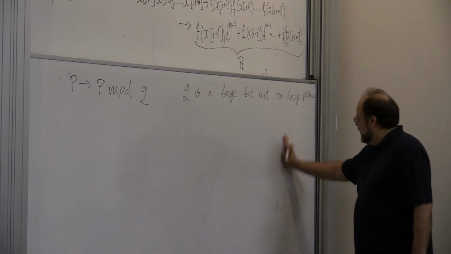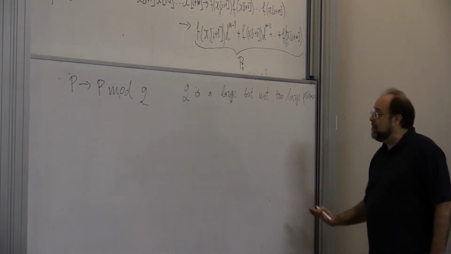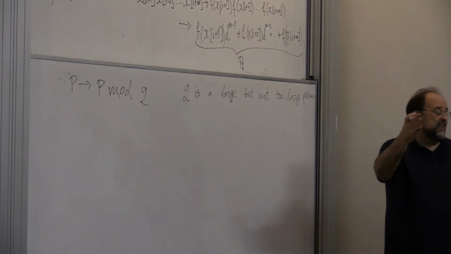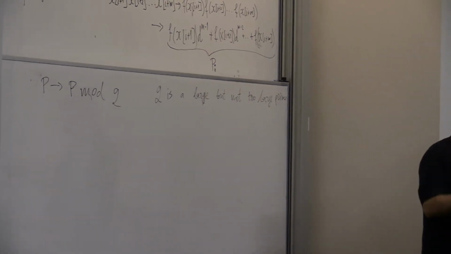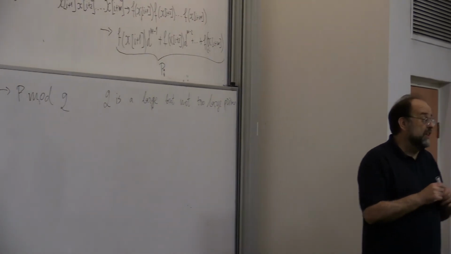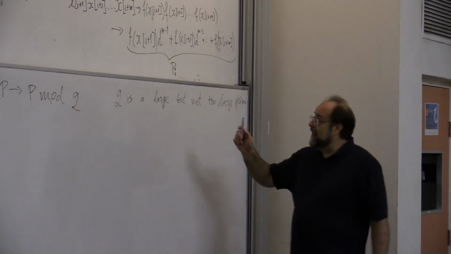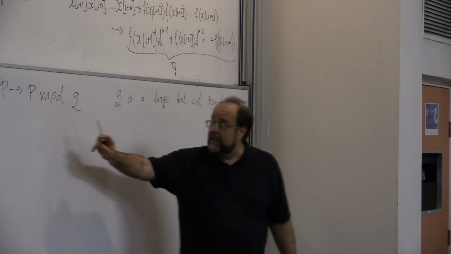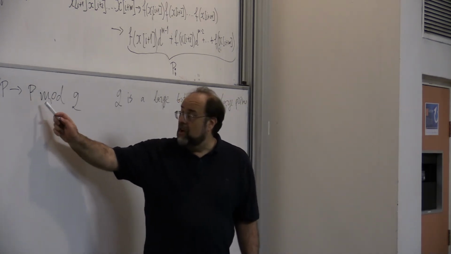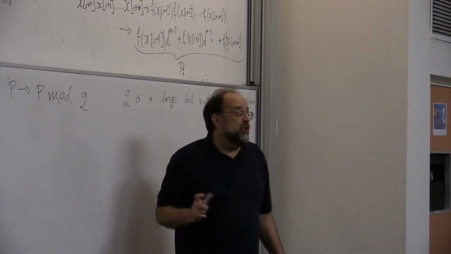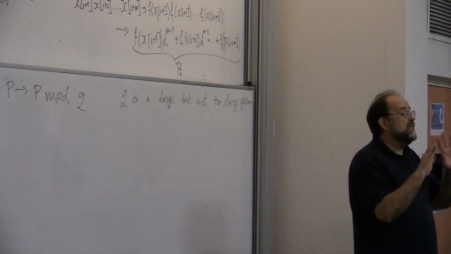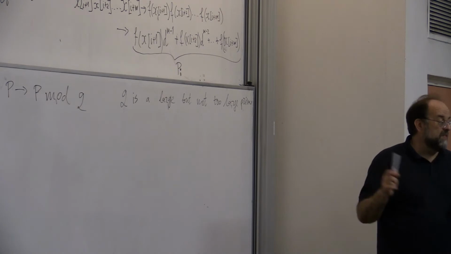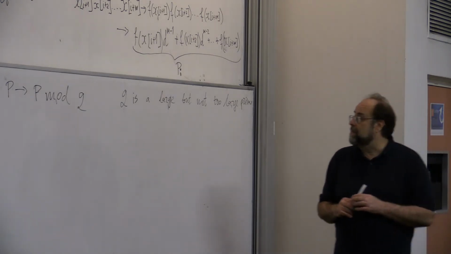Okay, what do I mean by that? You want your hash table to be as large as possible to reduce the likelihood of collisions, but on the other hand, you want this remainder of p mod q to fit in a register so that you can also do some operations, as we will see in a moment.